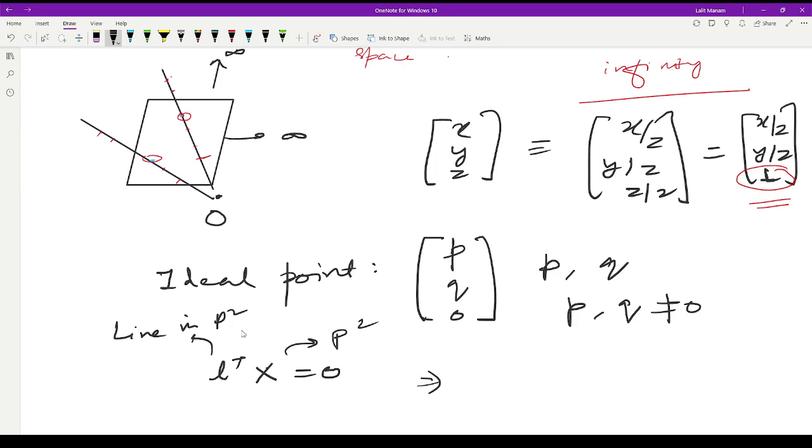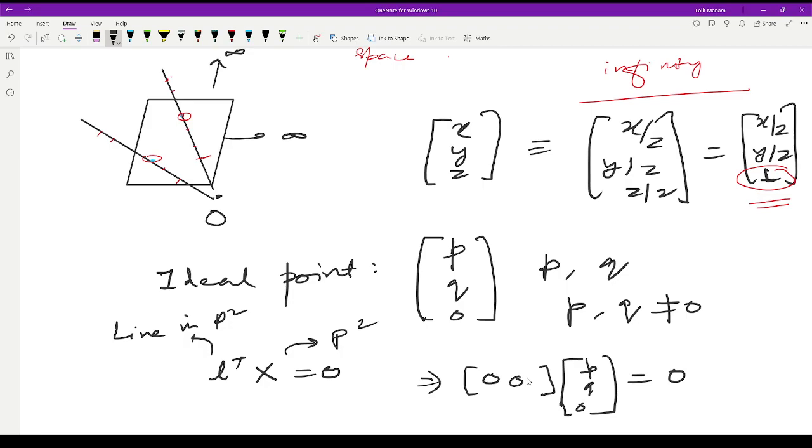So if we use the ideal point, that is P, Q, 0, what is the line at infinity? Can anyone say that? How do you write the line at infinity? Okay, it's easy, right? You have to satisfy this equation equals 0. How will you satisfy it? 0 0 1.